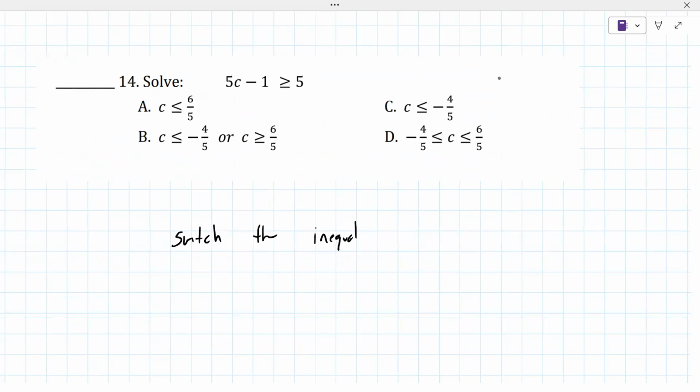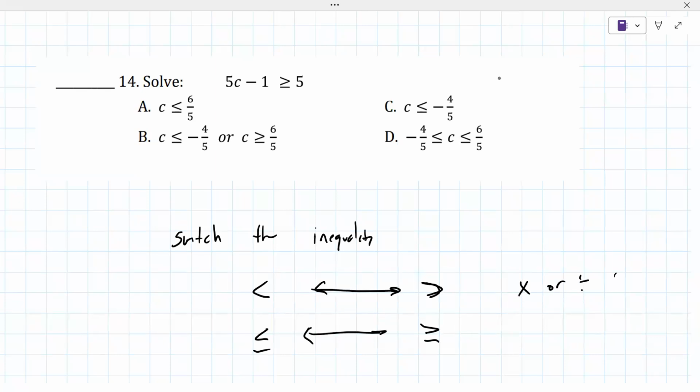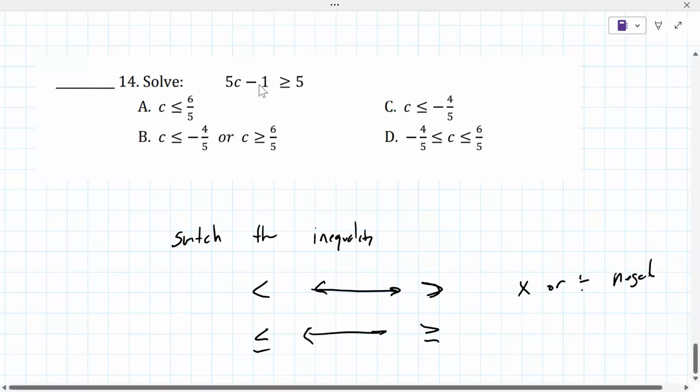No. So there's only a couple of scenarios. Less than goes to greater than, less than or equal goes to greater than or equal to. This only is if you multiply or divide by a negative. So if you don't multiply or divide by a negative, you don't have to flip it. So could you try solving this?